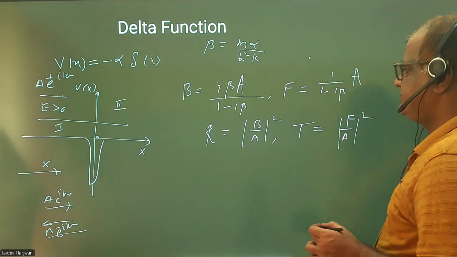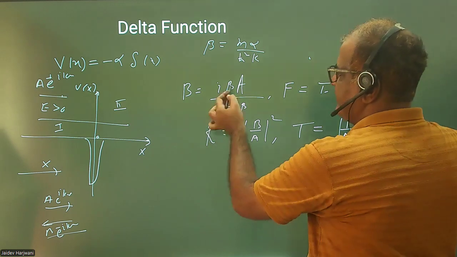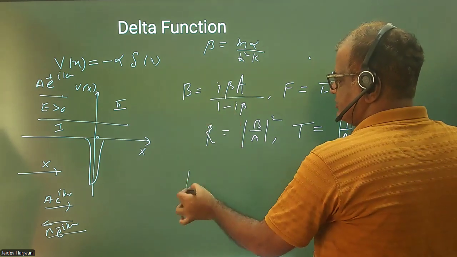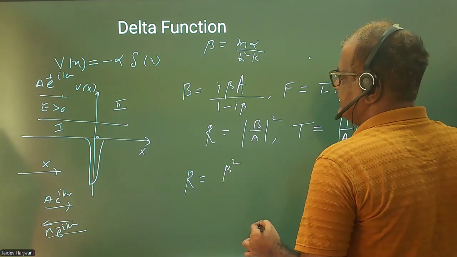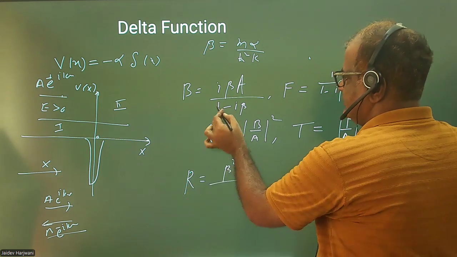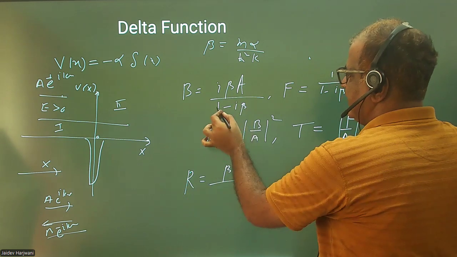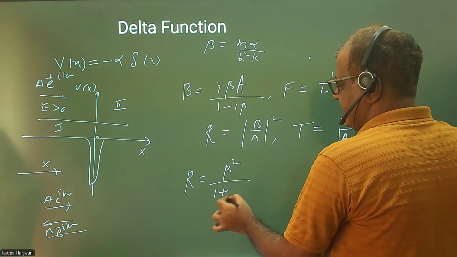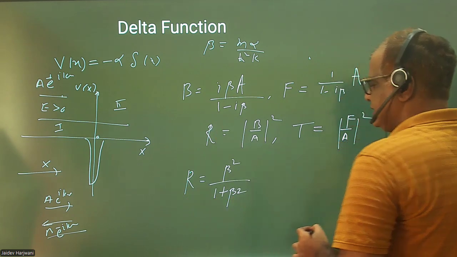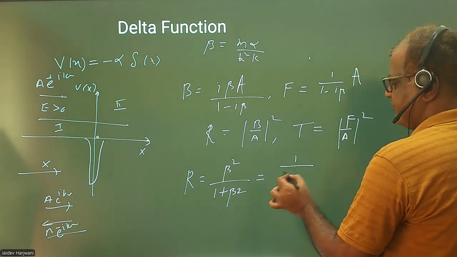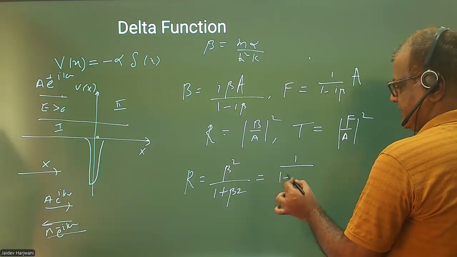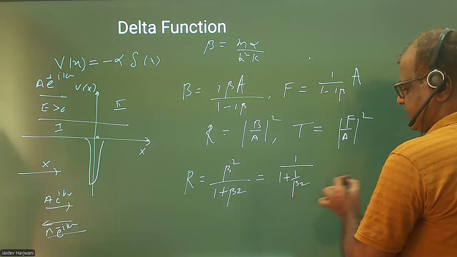Now the reflection b by a we can calculate here, we take the mod. So my R will become beta square upon 1 plus beta square, under root. So this becomes 1 plus beta square. And now we know this I can write as 1 upon 1 plus beta square.